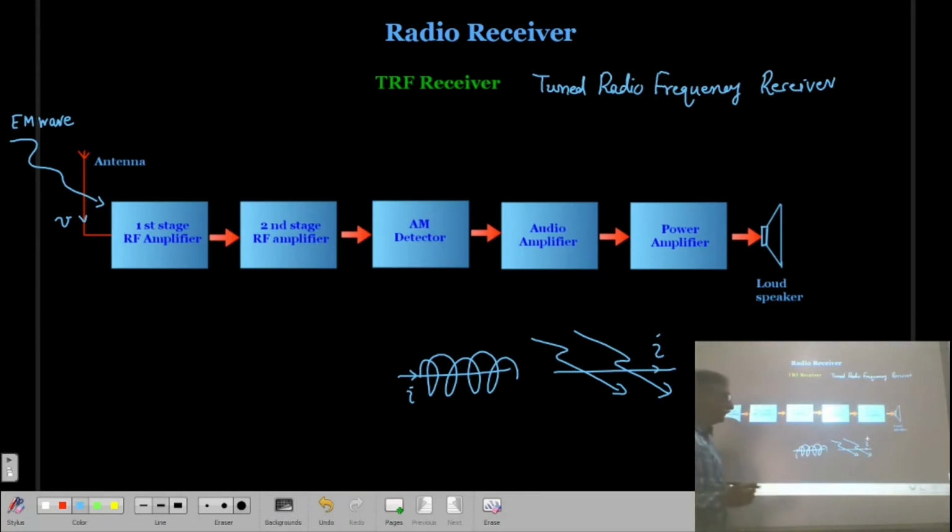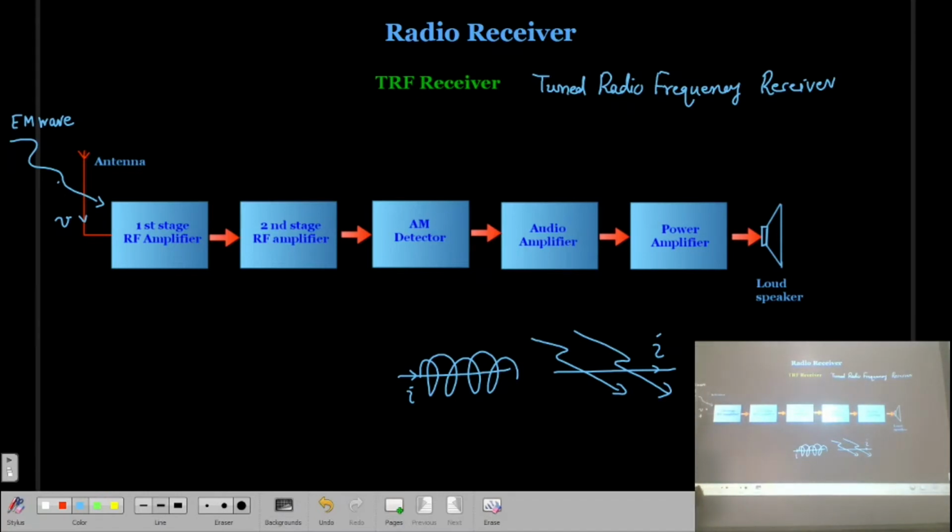Correct? The same way, here also, whenever the electromagnetic wave intercepts this wire, it will produce the voltage or the current. Now, this voltage or current is in the order of a few microvolts, or it is very weak, so it has to be amplified through the different amplifier stages.